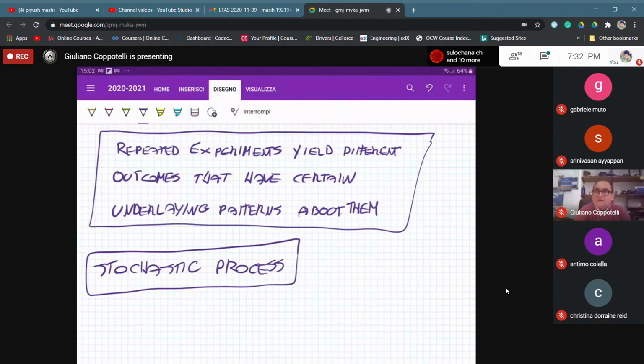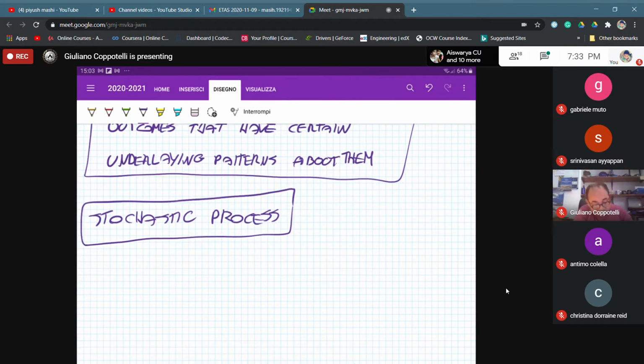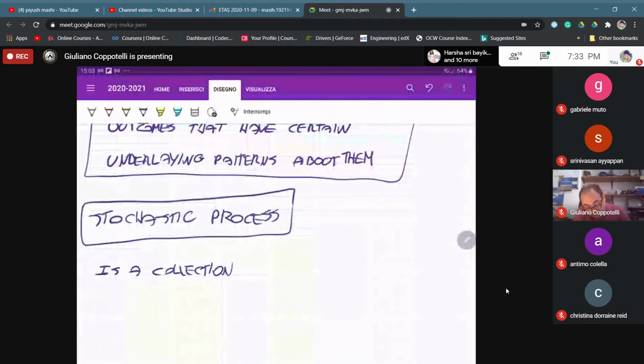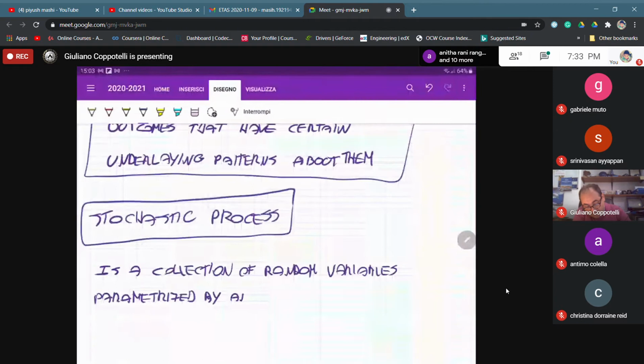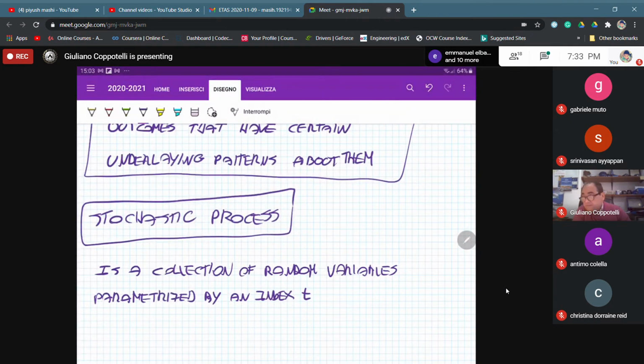And that is your example. For example, it depends on time. And that's good. Okay. So a stochastic process is a collection of random variables parameterized by an index t, whatever it be.